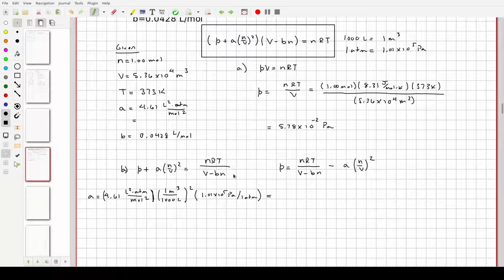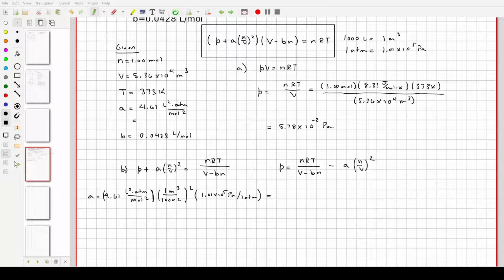So when you do this conversion here, let's see. You have 4.61 times 1.01 times 10 to the fifth. And then I need to divide that by 1,000.